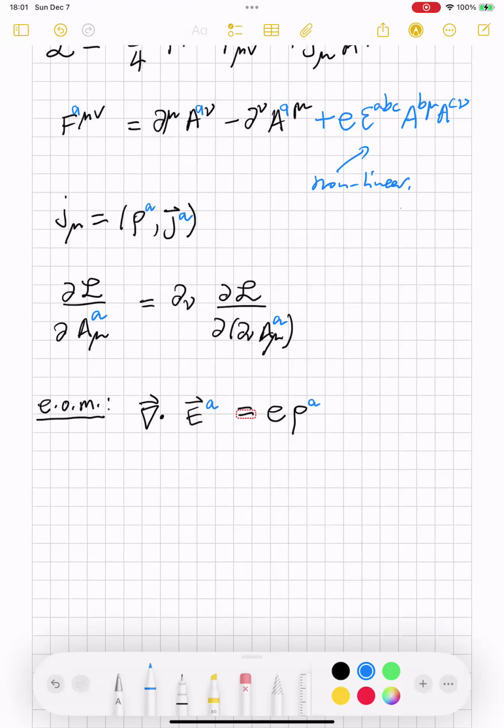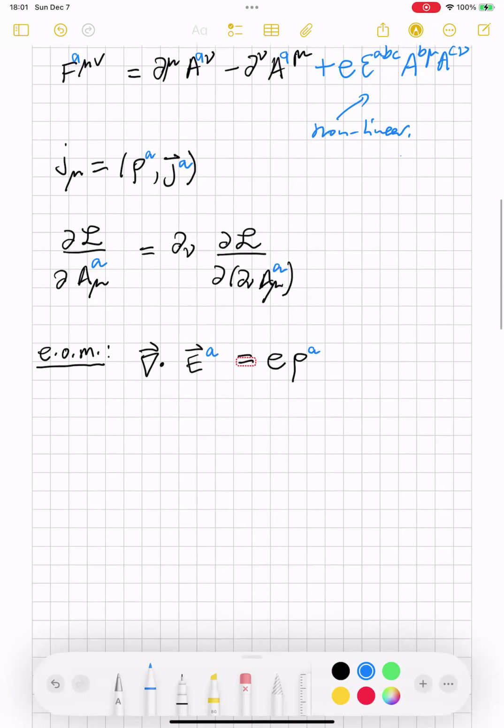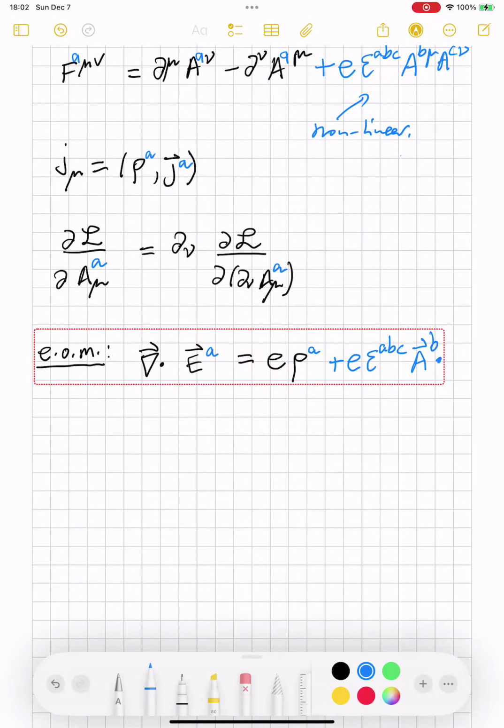But then that nonlinearity also induces a change. And the change is we've got plus e, and then we've got epsilon A, B, C, A_B dotted into E_C.